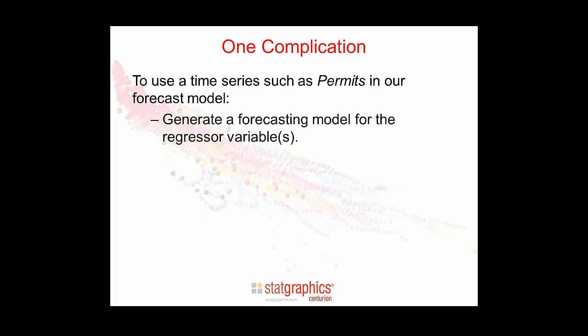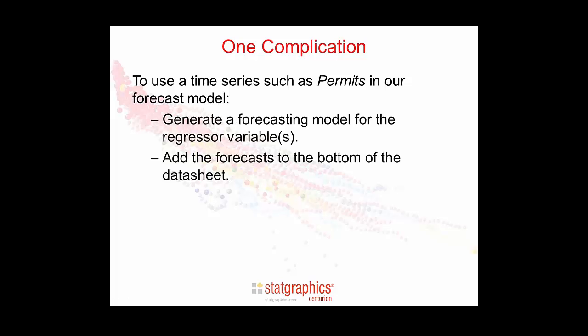If I want to forecast Q3, I need Q2. If I want to forecast Q4, I need Q3. So before I can actually add permits to the model, I'm going to have to generate a forecast model for permits, which I'm going to do in just a moment.